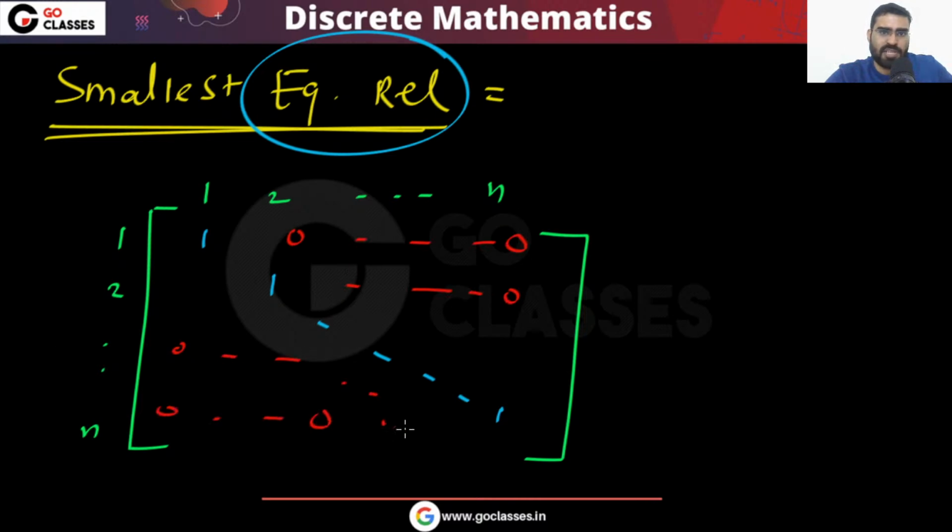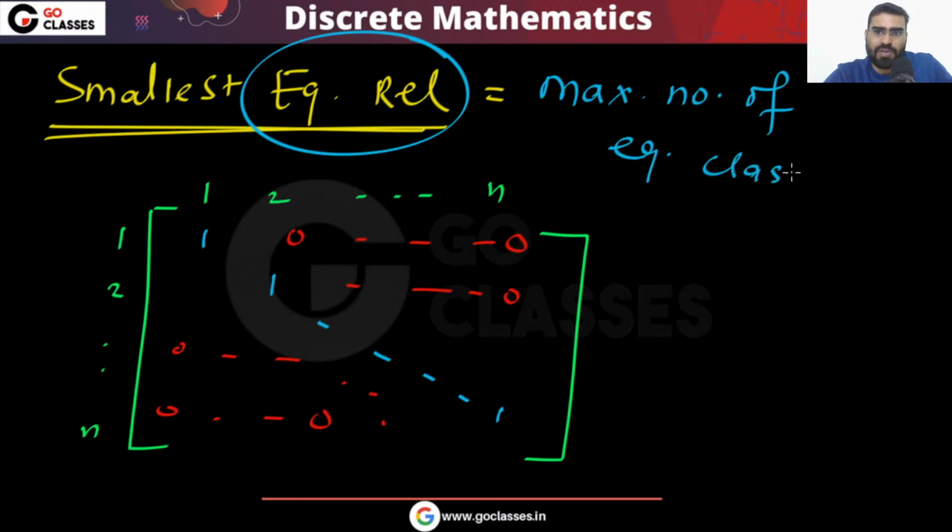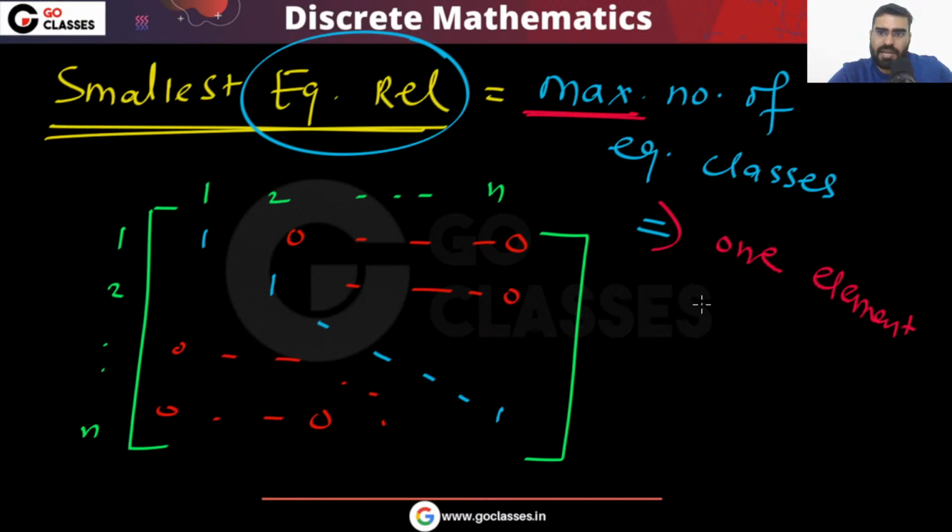So smallest equivalence relation means maximum number of equivalence classes, which means one element per equivalence class.